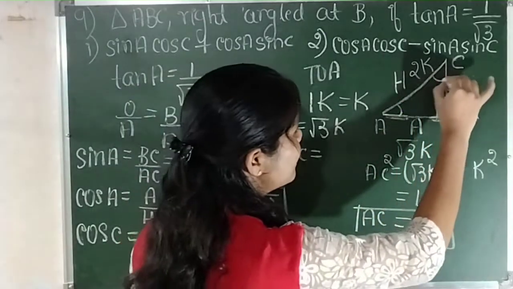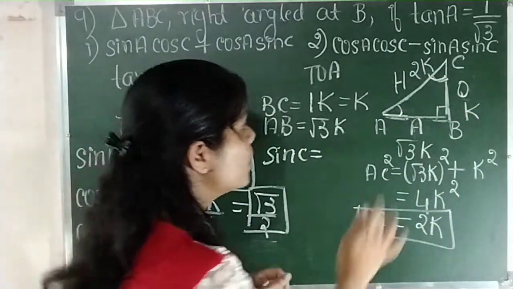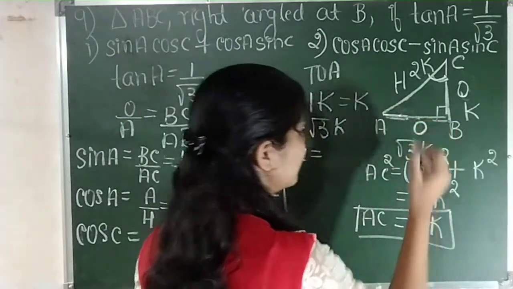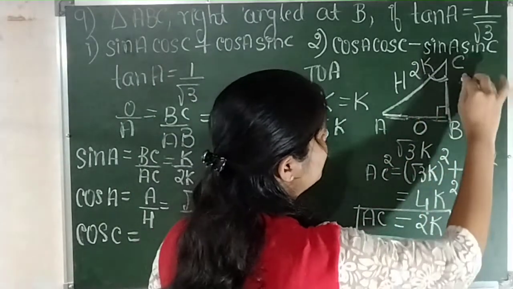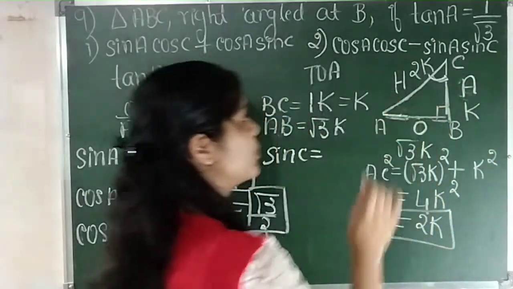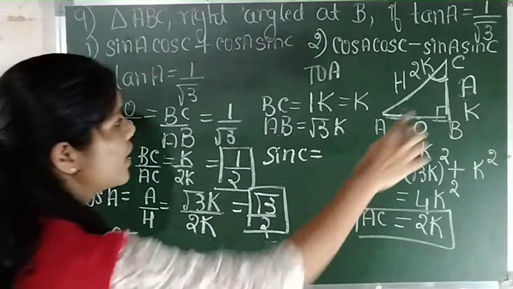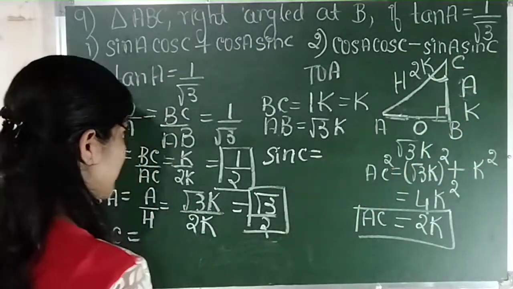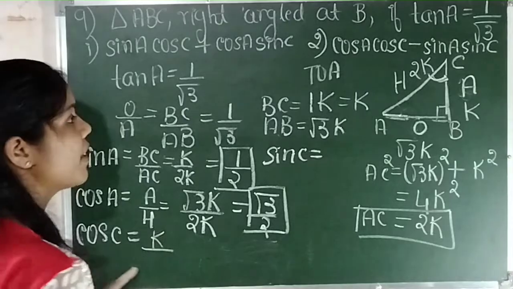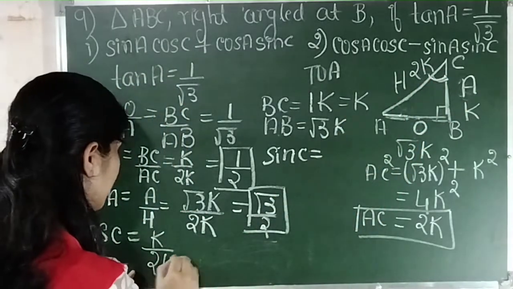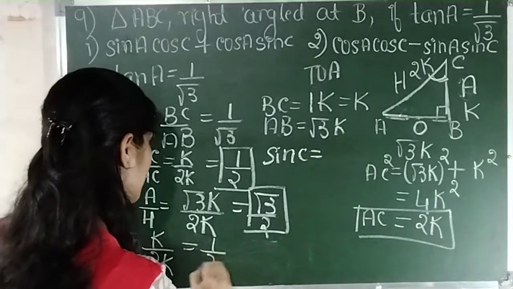Now the angle is present at C. So this side becomes the opposite side. This becomes the adjacent. And this is the hypotenuse. So cos C is adjacent by hypotenuse. Adjacent is CB, that is equal to K divided by hypotenuse 2K. So it is 1 by 2.